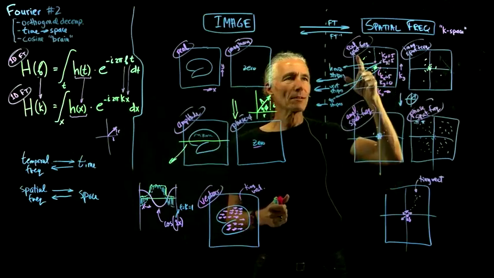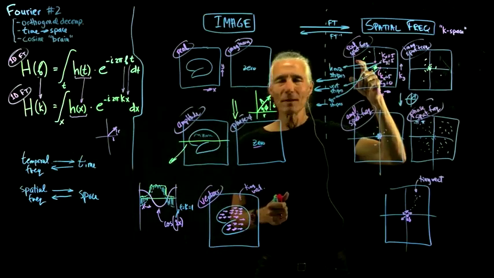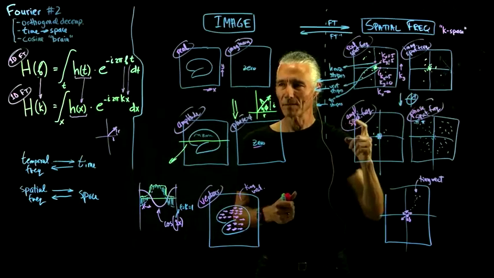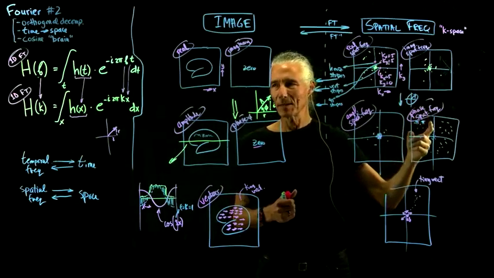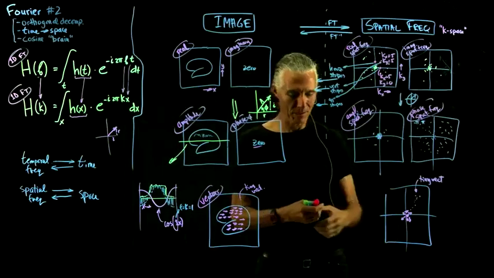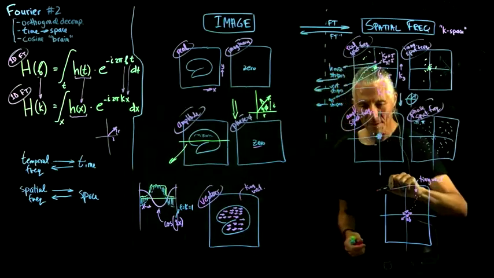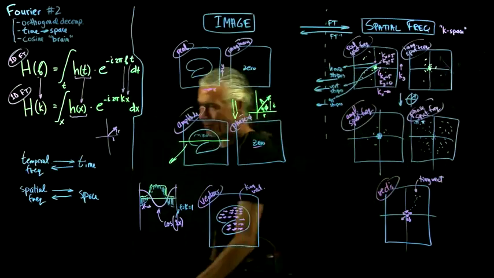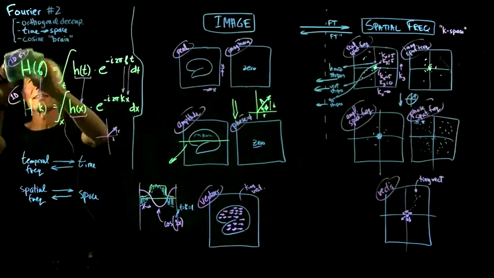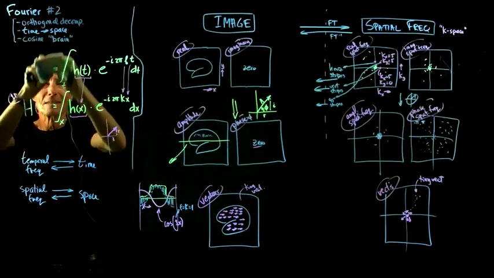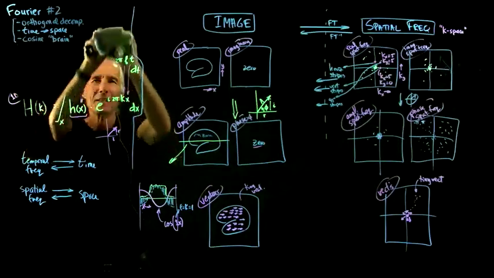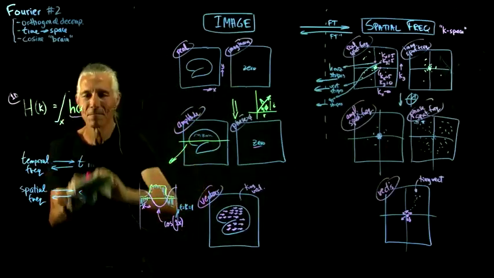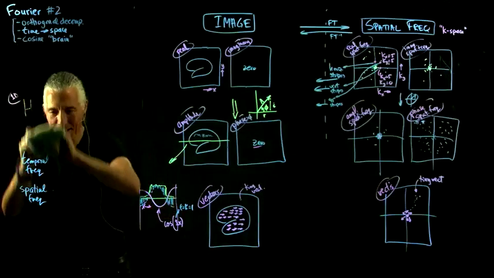So we'll have real spatial frequency, imaginary spatial frequency, or amplitude of spatial frequency, or phase of spatial frequency, or vectors of spatial frequency. Okay, so we've allocated ten two-dimensional memory locations to keep in mind. Don't get confused.